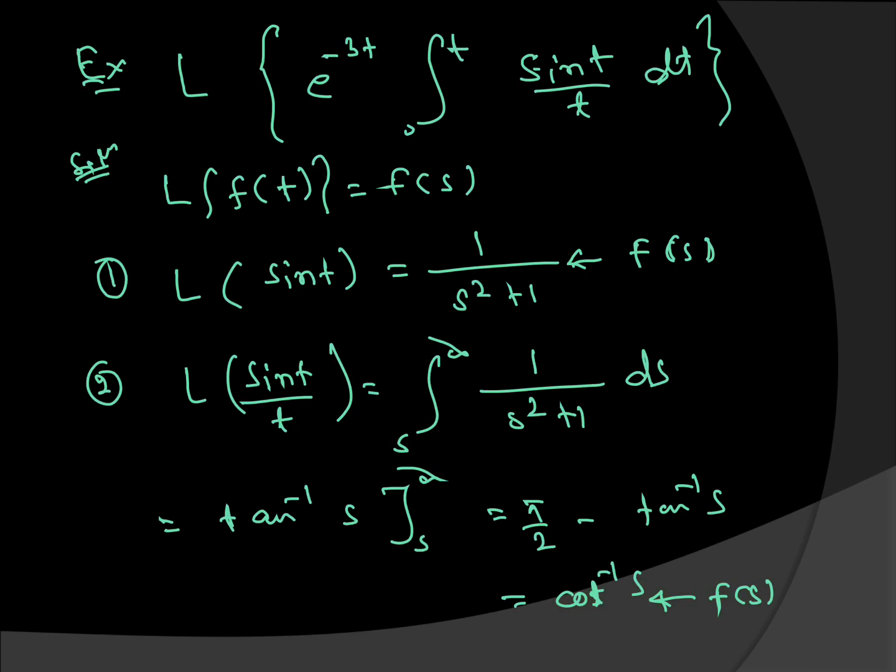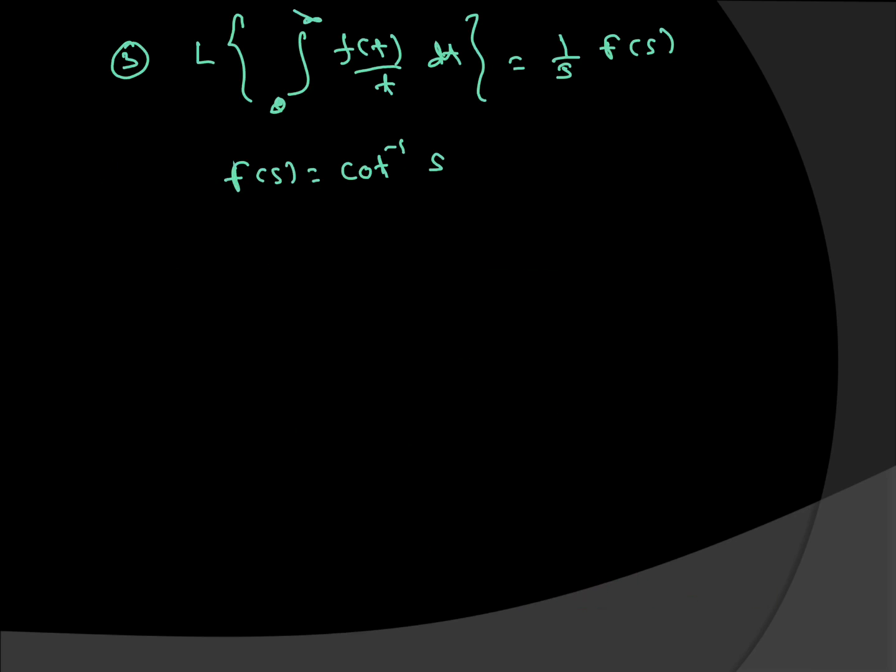Then again you have e to the power 3t. First you have to do the integration, then you have to do first shifting theorem. And we know 0 to infinity f of t divided by t dt, 0 to infinity f of t dt Laplace is 1 by s f of s, and our current f of s is cot inverse s.